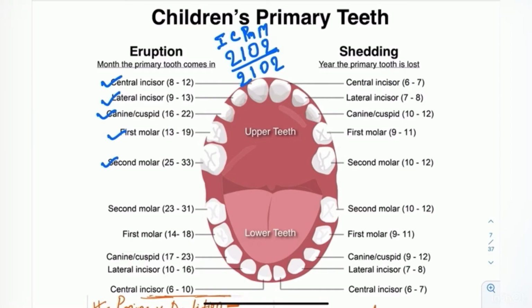In case of primary dentition, premolars are absent, so it is 0. Then you multiply it by 2 as we did in permanent. It will be 10 upon 10 in each arch, so overall there are 20 deciduous teeth. Clear? Okay.